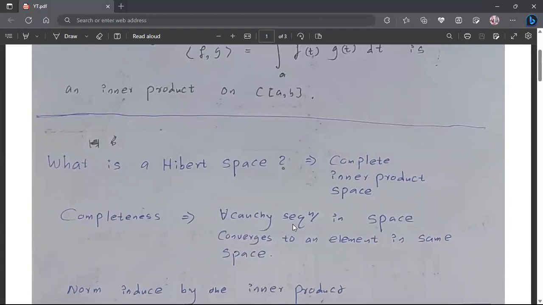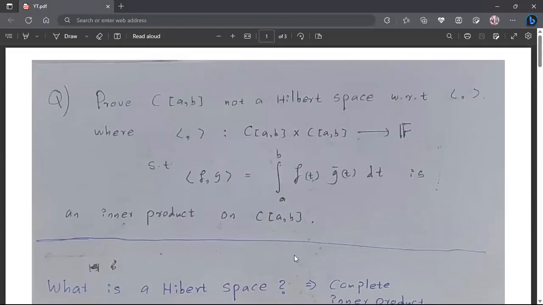Completeness means for every Cauchy sequence in this space, the limit of those Cauchy sequences should be in the same space. In our question, the space is the continuous function space on an interval a to b. So if you pick a sequence of functions in this space, the elements of the sequence are functions. So x1 is a function, x2 is a function.